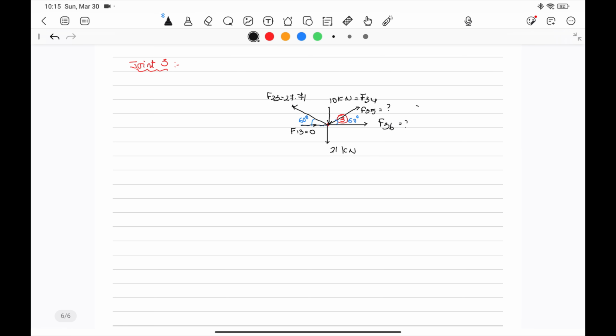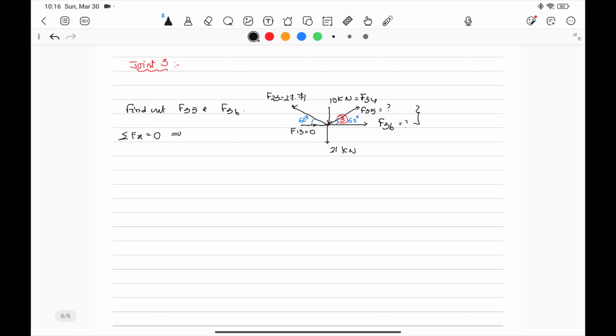We have to find out F35 and F36. Now another external force is also acting at the joint, that is 21 kilonewtons downwards. Now let us say sigma Fx is equal to 0.